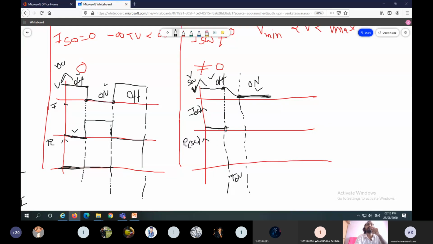So at this point when the switch is turned on, the current does not increase instantly like an ideal device. It will take a certain time to reach the maximum value. The current increases gradually like this. So after turn on, the current becomes the maximum value.